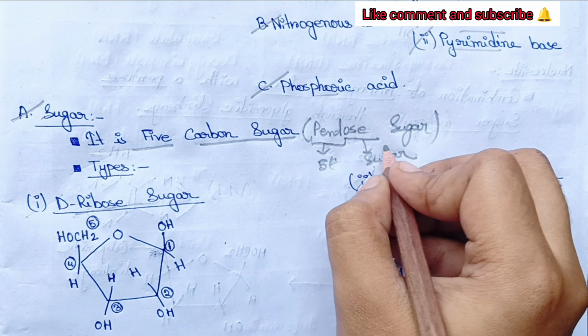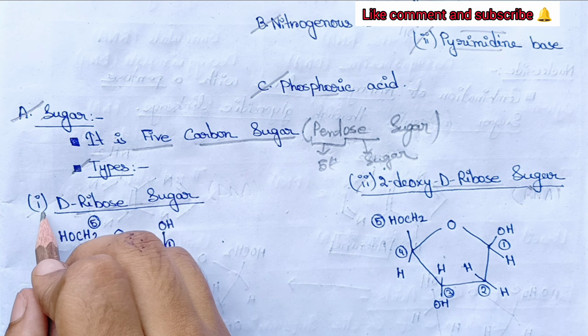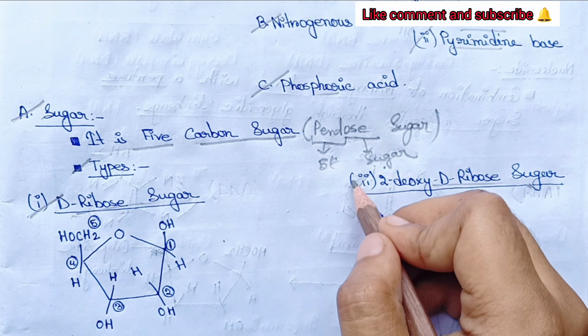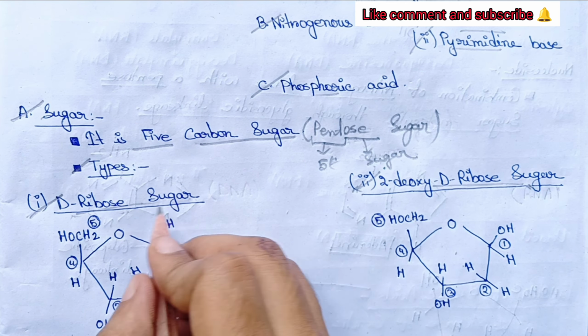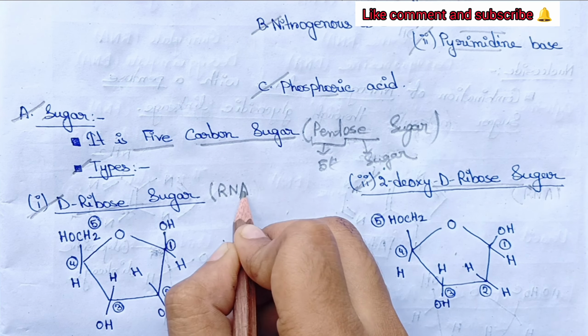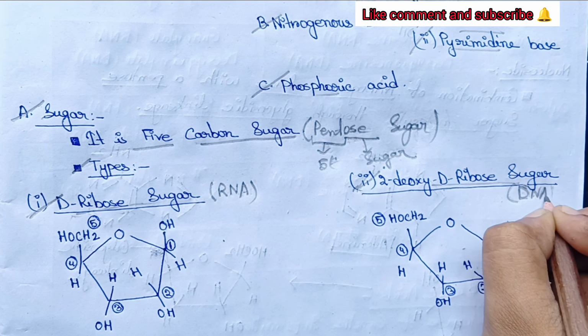So it's called pentose sugar. Then the types of it can be divided into two types, D-ribose sugar and 2-deoxyribose sugar. D-ribose sugar is found in RNA and 2-deoxyribose sugar is present in DNA.